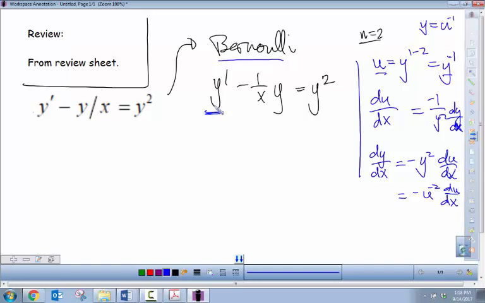All right, so let's do the substitution. So we have minus u to the -2 du/dx minus 1 over x. Now y was u to the -1, and then y squared was u to the -2.